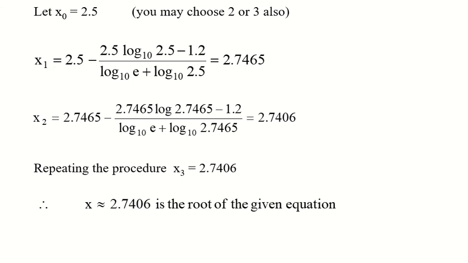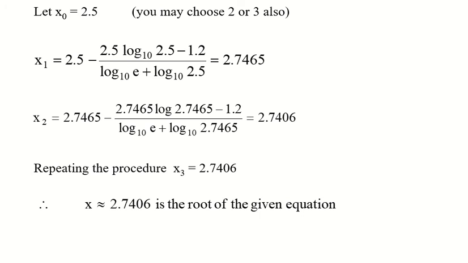So substitute for x naught. x1 is equal to 2.5 minus 2.5 log 2.5 to the base 10 minus 1.2, divided by log e to the base 10 plus log 2.5 to the base 10. So calculate. Here you observe it is log 2.5 to the base 10, not to the base e. When you simplify, you will get 2.7465.